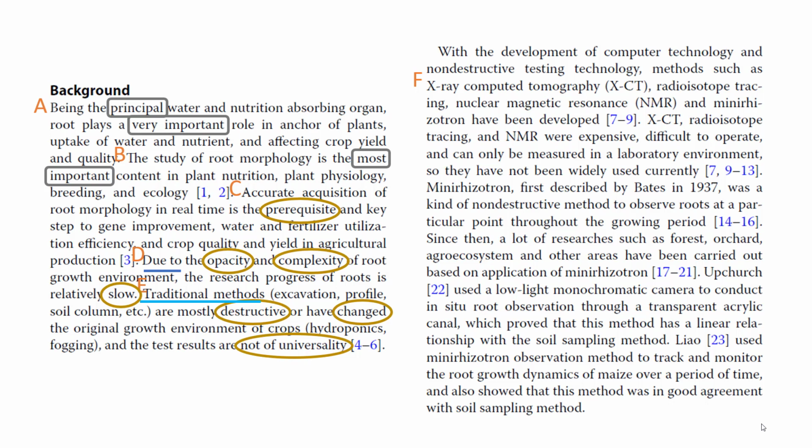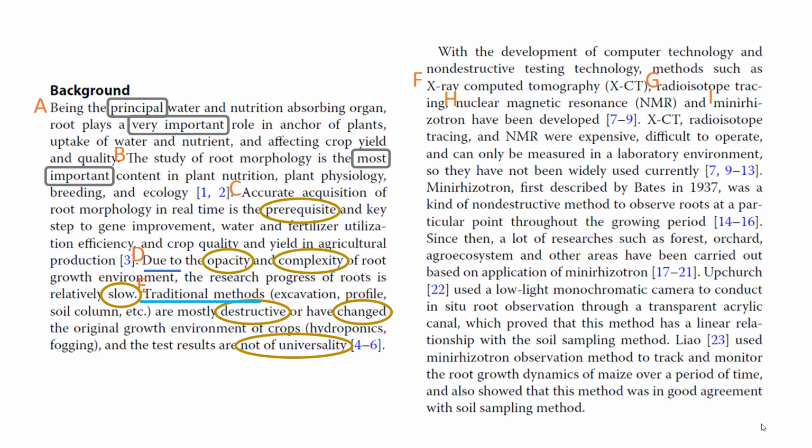Or you could use radioisotope tracing, where you would put radioactive isotopes into the water, let them be absorbed into the plant, and then you could use that to create an image to see where the root system is, or nuclear magnetic resonance. All right, so these are all methodologies which are very sophisticated, which could give a nice picture of the roots. There's one other one mentioned here, and this is the mini-rhizotron, which we're going to come back to in just a second.